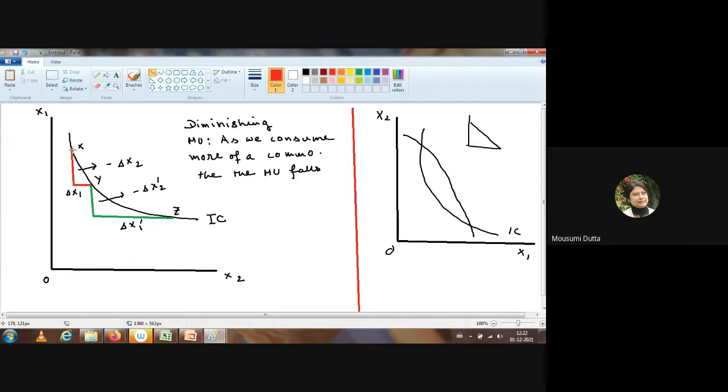Now, as we move from X to Y, from this point to this point, I hope you are understanding, I have to reduce my consumption of X2, and I'll be able to increase my consumption of X1.